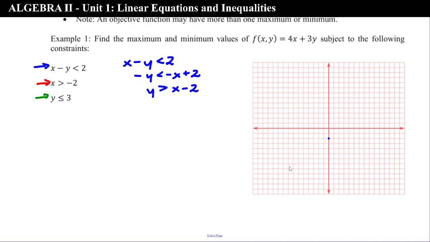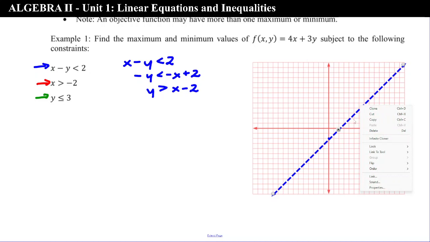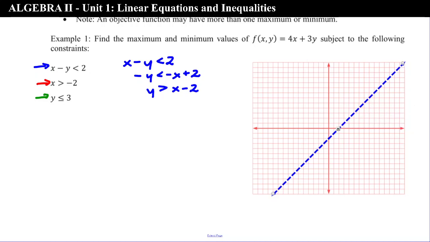And when you graph it using the slope, which the slope is 1, then you're going to get a line that looks like this. Let me just move this line so that it's just a little bit more accurate. There we go. So there's our first line.